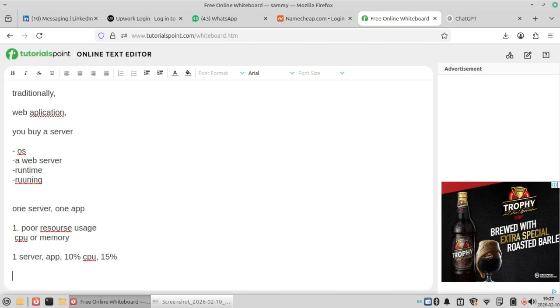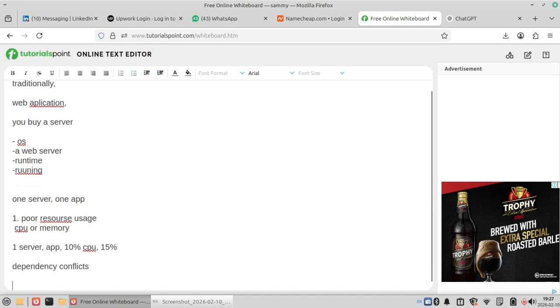How about the second problem? The second problem has always been dependency conflict. Now, let us imagine you have two applications, all right?